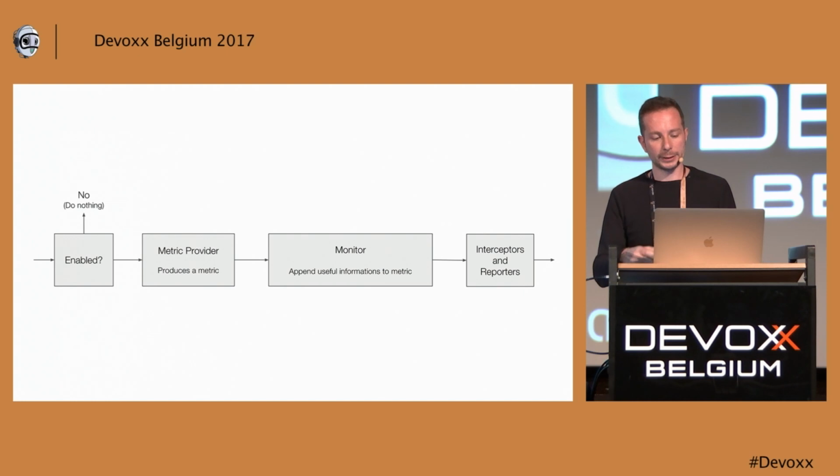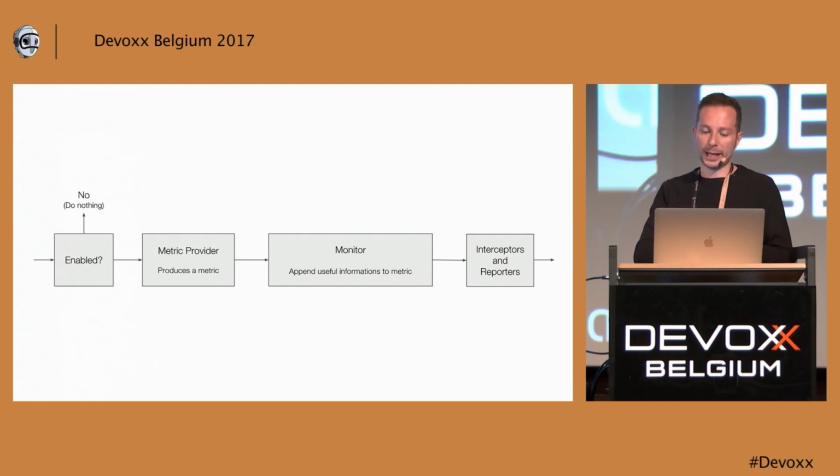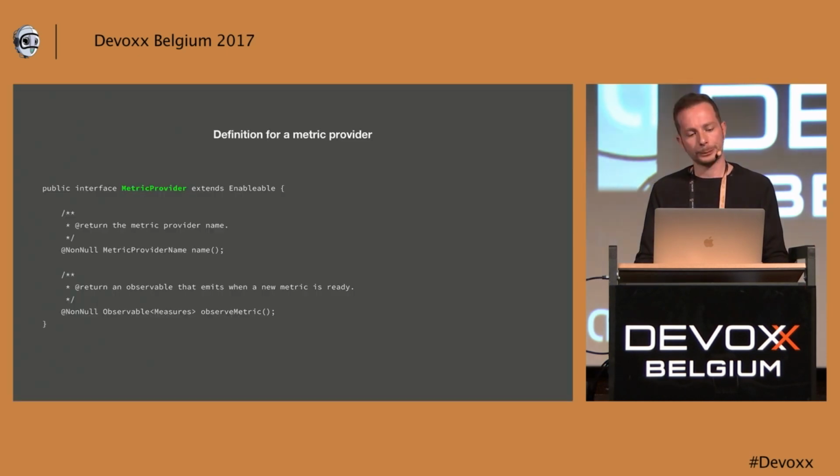Then we have a metric provider that is basically the main interface that provides the metric. This is passed to the monitor that just decorates the output of the metric provider with a bunch of useful information, like, for example, the time since the last gathered metric, or some other information. And then we pass this to interceptors and reporters.